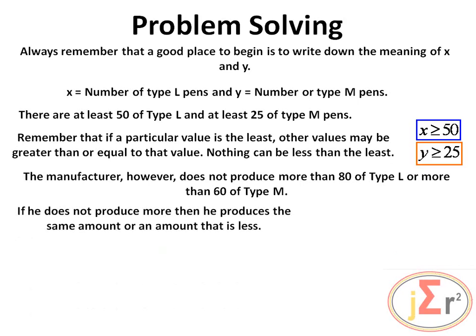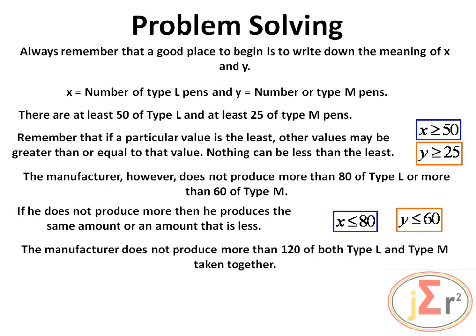If he does not produce more than, then he produces the same amount or an amount that is less. So x is less than or equal to 80. And the same applies to y.